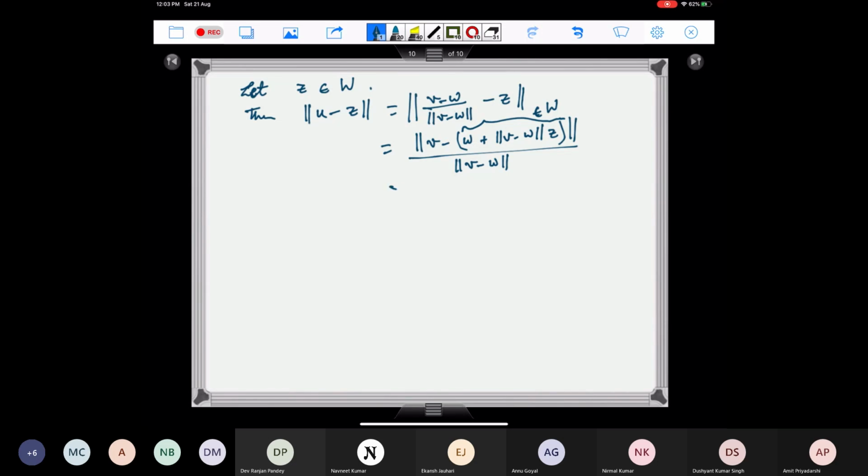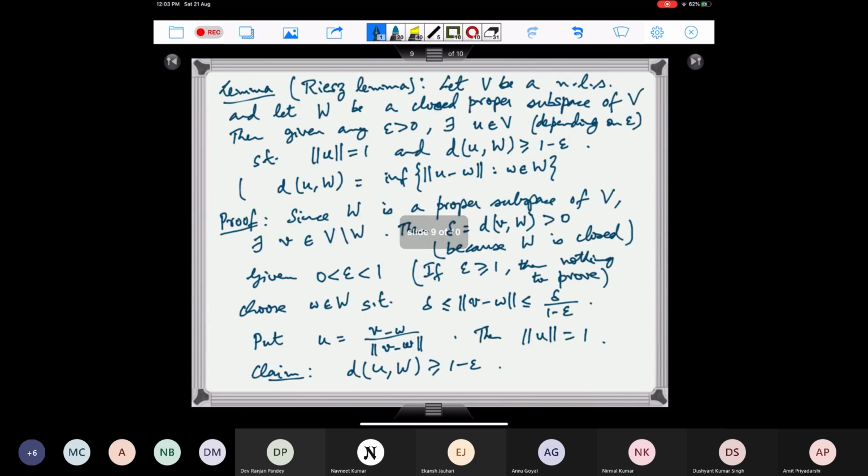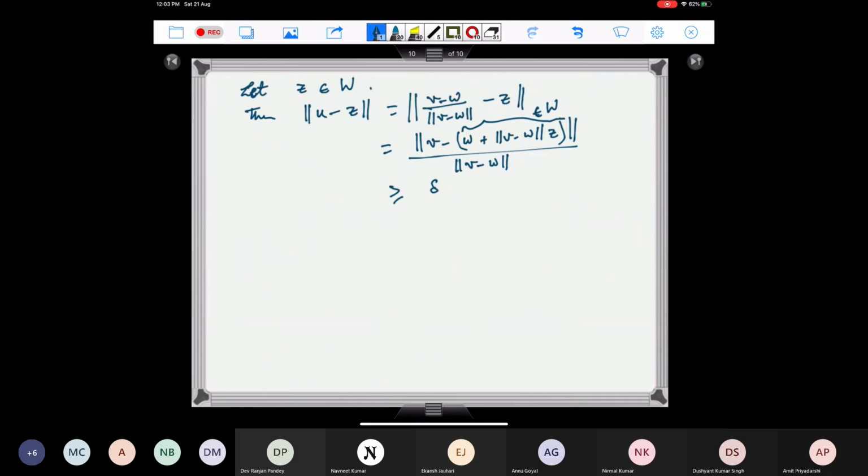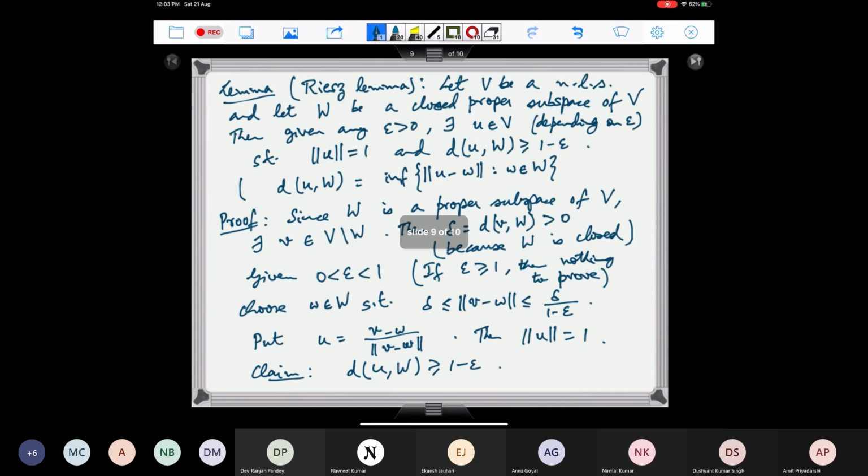So the numerator is bigger than or equal to delta, right? Because delta was the distance of v to W, and the numerator is v minus a vector in W. And the denominator, norm v minus w, we saw is less than or equal to delta by 1 minus epsilon.